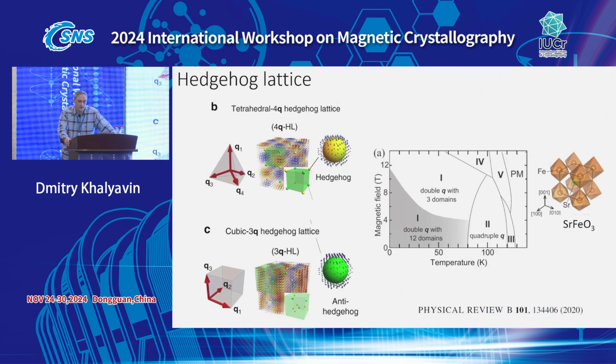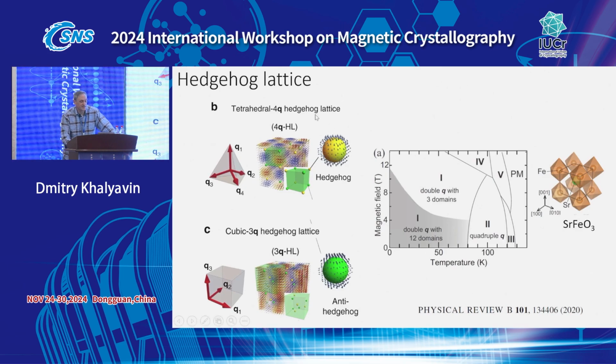We can have cases of ordering of hedgehogs, topological defects. They're also topological objects, but as I said before, they look very similar to how our skyrmion looks after a stereographic projection on a sphere. They look like a hedgehog, actually.